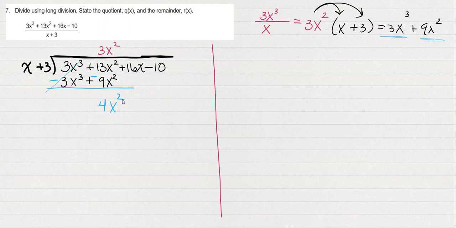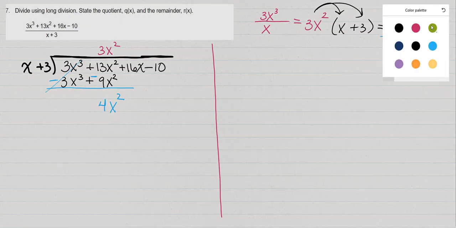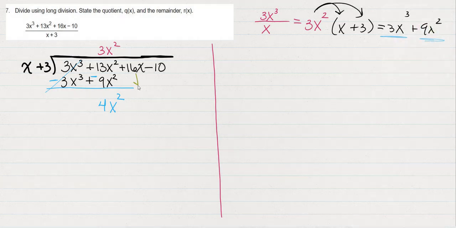So once we do the subtraction and get 4x squared, we're going to bring down the 16x and start all over. So we have 3x squared as our first term of our quotient. To get the second term, we bring down the 16x. We start all over again.